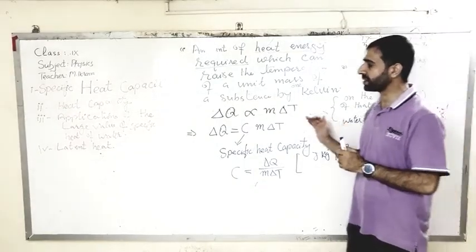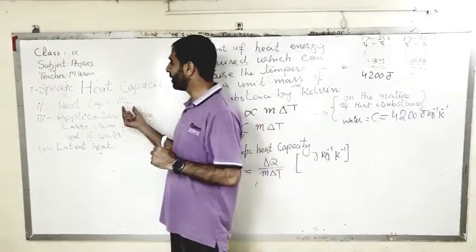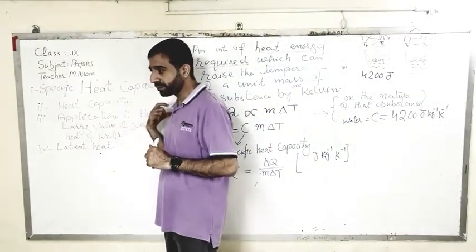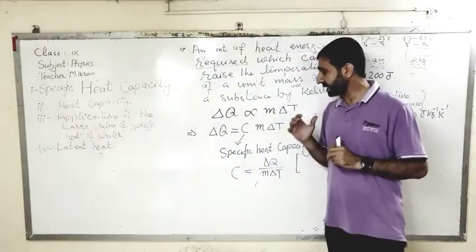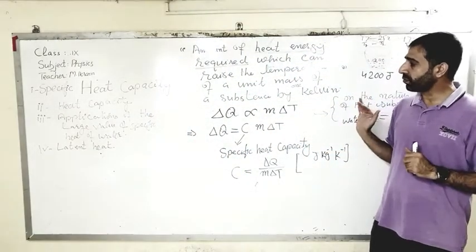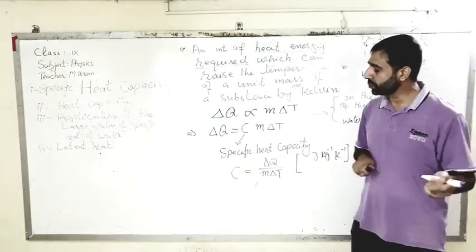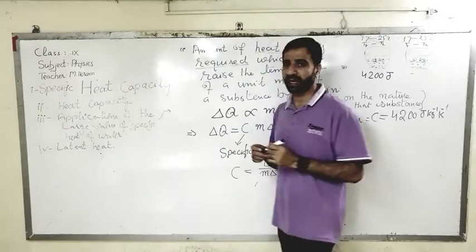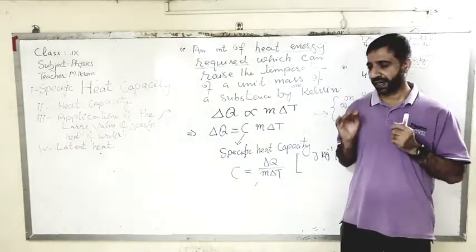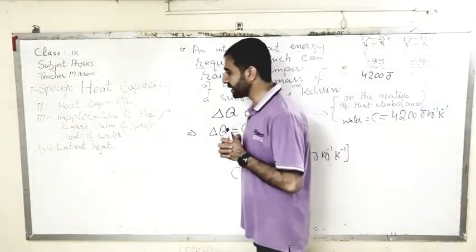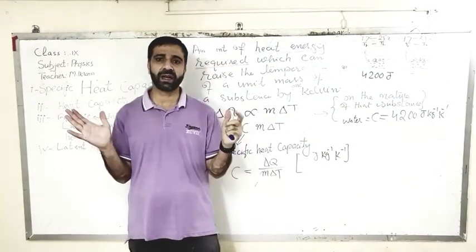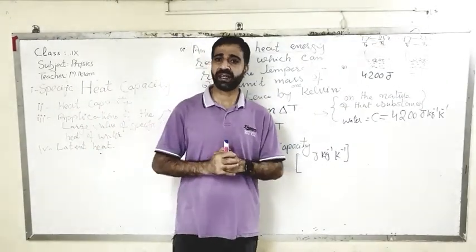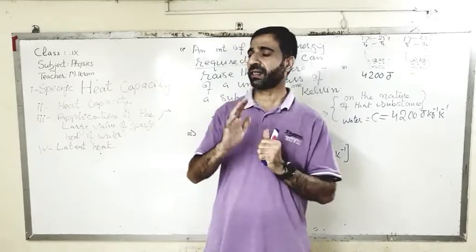So water has a very large specific heat capacity. For that reason, water can be used in many ways. For example, you might have noticed that the area around the lakes or the seashore is always mild. The question is why? And the answer is very simple.